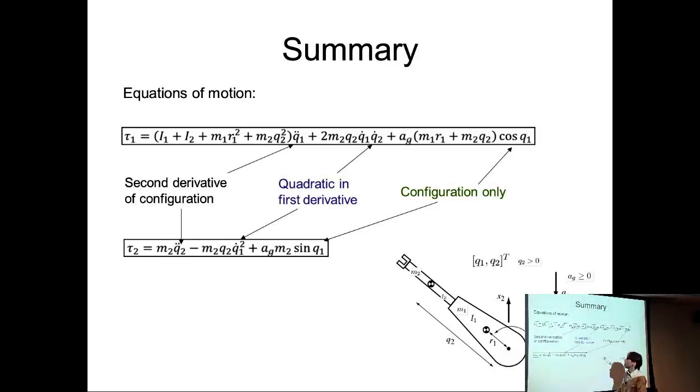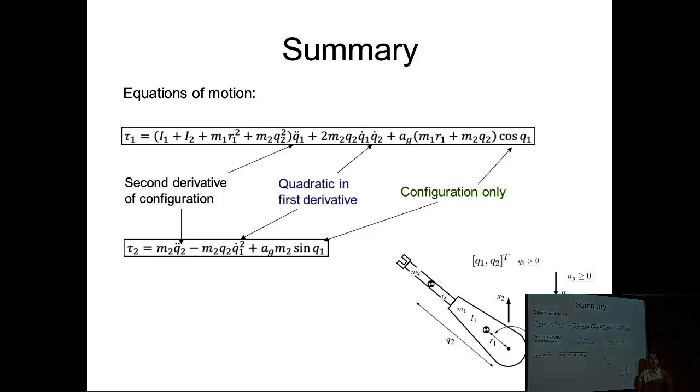It's worth noting that both equations have terms multiplied by an acceleration term. Again, that little dot is hard to see. And then they have quadratic terms in the first derivative. So there's a Q1 dot times Q2 dot as an example. And then finally, we have configuration-only terms.